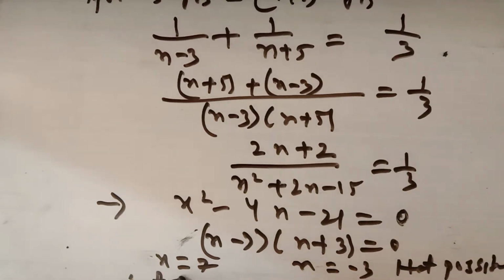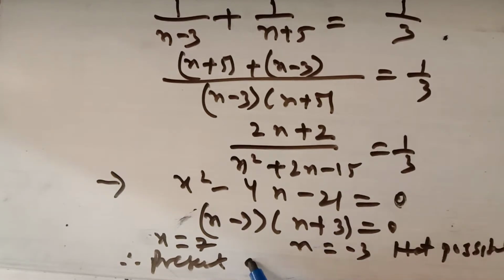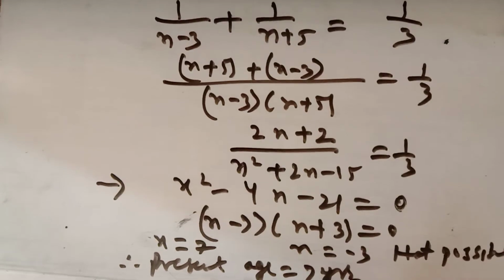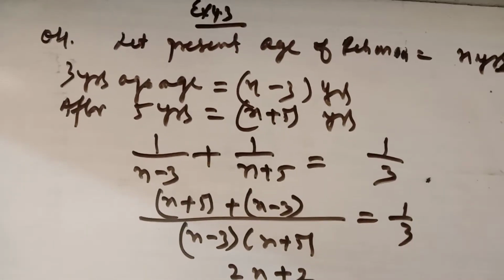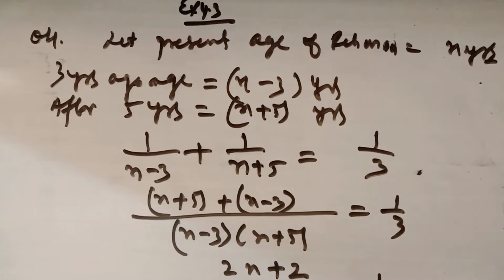Therefore the present age is equal to 7 years. So like this you can form the quadratic equation and solve it by any method if it is not mentioned in the question paper, either by using the quadratic equation formula or by splitting the middle term. So this is question number 4.